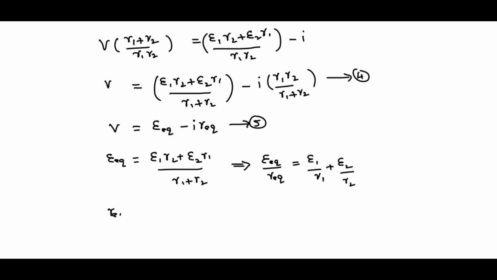Similarly, R equivalent is equal to R1 R2 by R1 plus R2. From this also we can write 1 by R equivalent is equal to 1 by R1 plus 1 by R2.